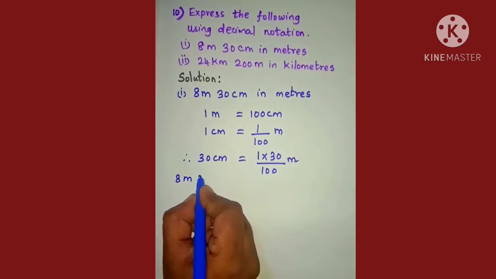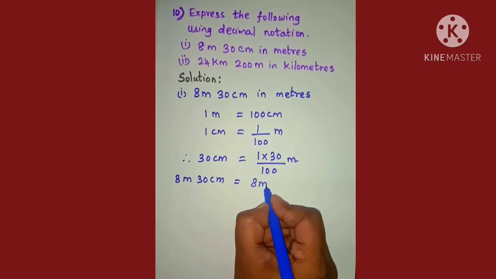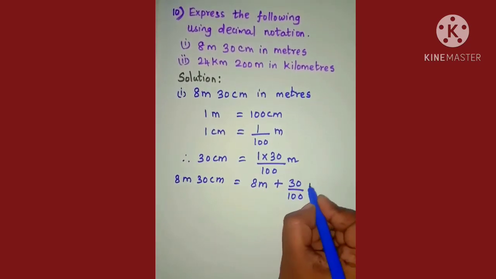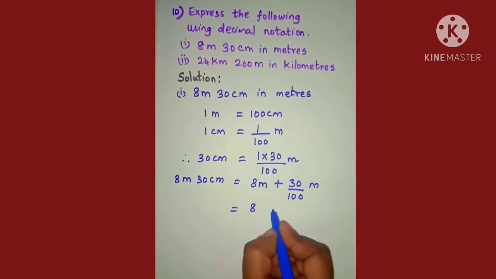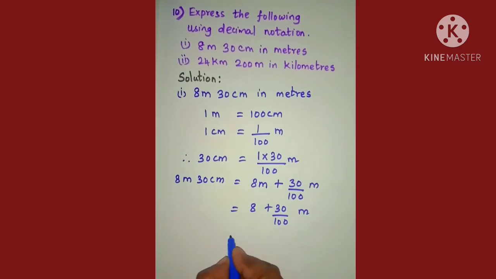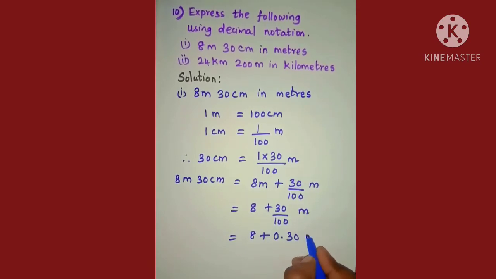So 8 meter 30 centimeter can be written as 8 meter plus 30 by 100 meters. So 8 plus 30 by 100 meters can be written as 0.30 meters.